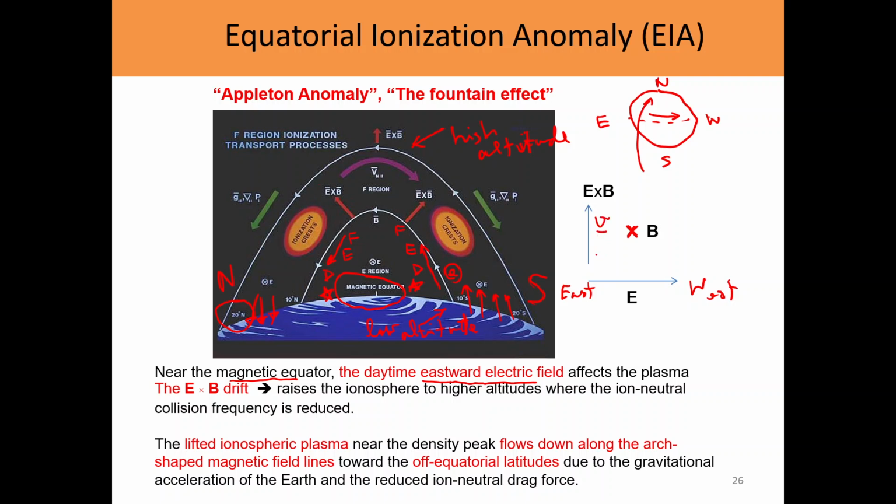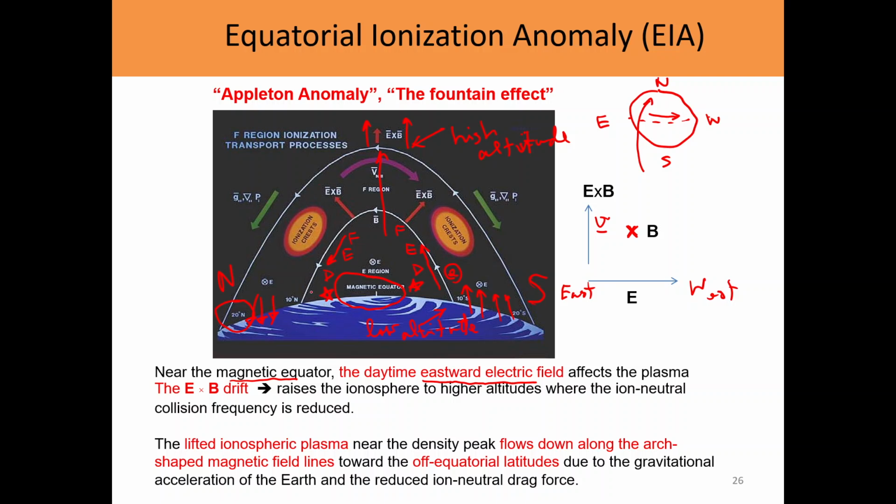So basically during daytime, there's a push of ions up here, in the up direction. This is what we call E cross B. Sometimes when we look at these two images, they are different. One can still be looked at as east-west as well, but it's a different picture.